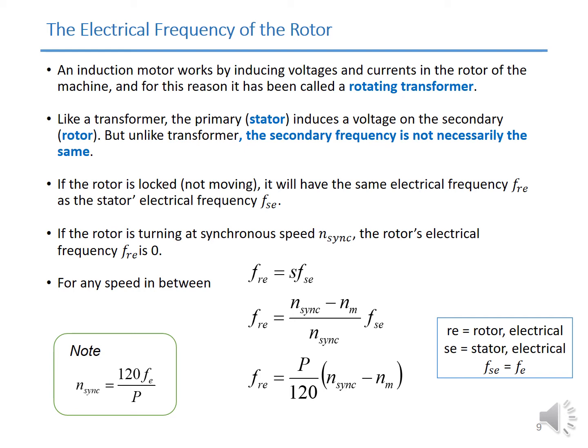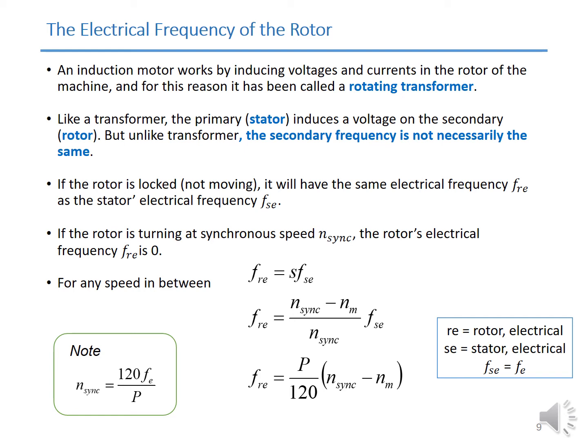The induction motor works by inducing voltages and currents in the rotor of the machine, and for this reason it has been called a rotating transformer. The basic principle is very similar to a transformer, where we have the primary and secondary winding.